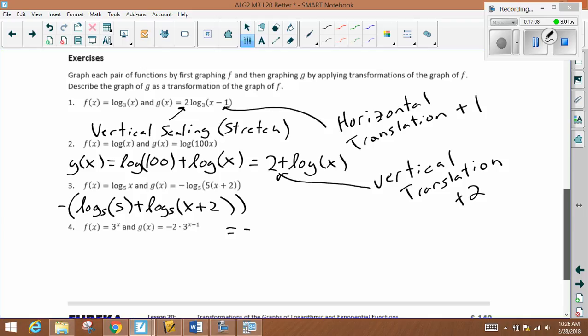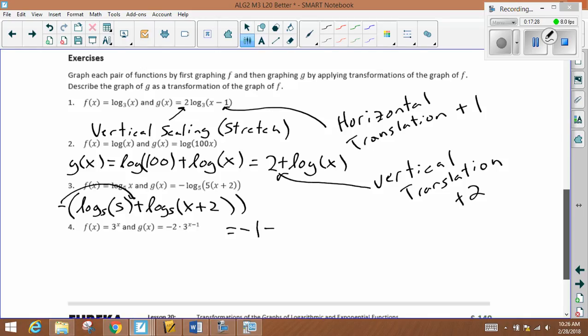I have to distribute my negative sign. So that's going to be log base 5. Oh, sorry, my bad. Log base 5 of 5 is 1, right? So that becomes negative 1. I've got to distribute this negative sign here as well, though, right?